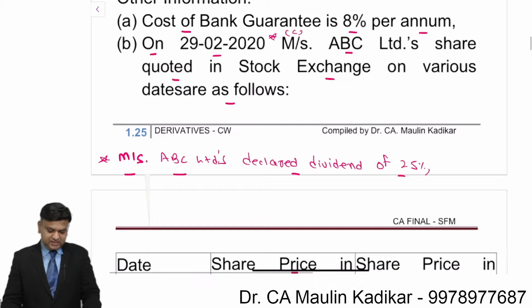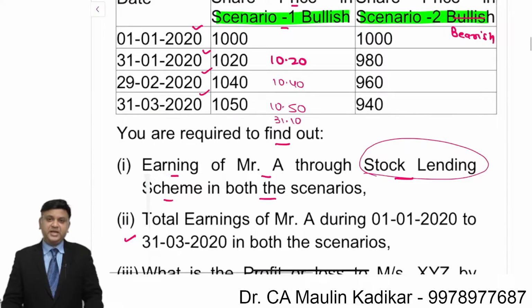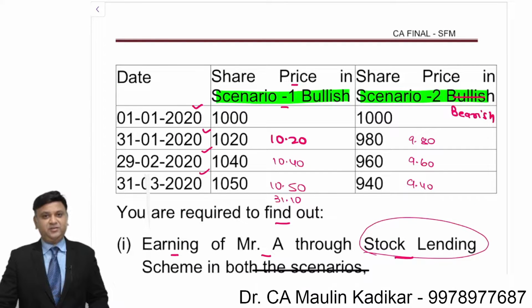Since we are talking only about the earning through stock lending, the information regarding the dividend is ignored for now. In the second case it is also very simple: 980 into 1% comes to 9 rupees 80 paise, 9 rupees 60 paise and 9 rupees 40 paise. That is how we compute the earning to Mr. A on lending of the stock.